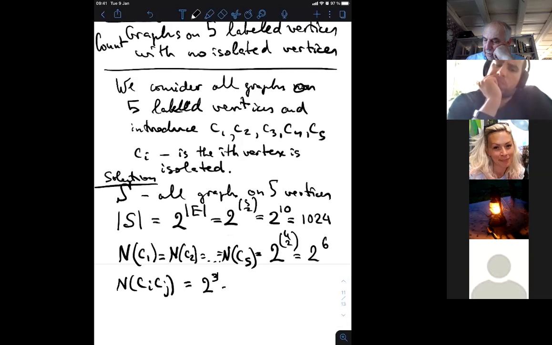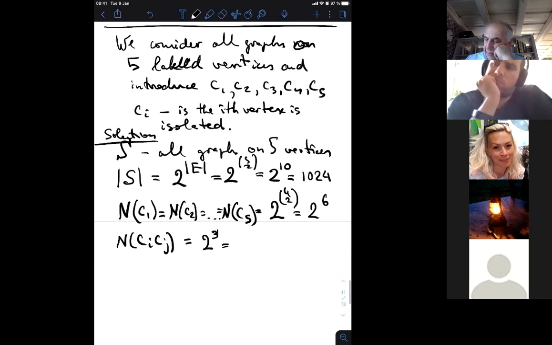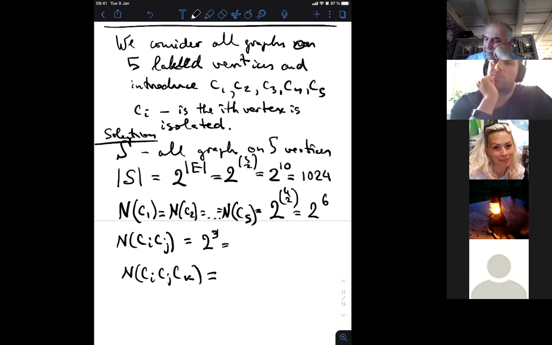Now, if we want 3 vertices to be isolated, Ci, Cj, Ck, then we just have 2 vertices left to be connected by at most 1 edge. So this is just 2.